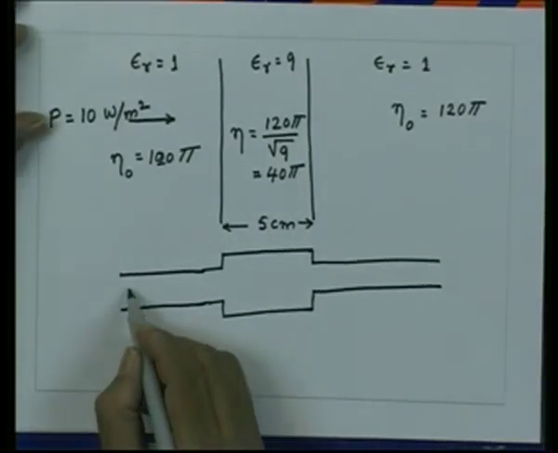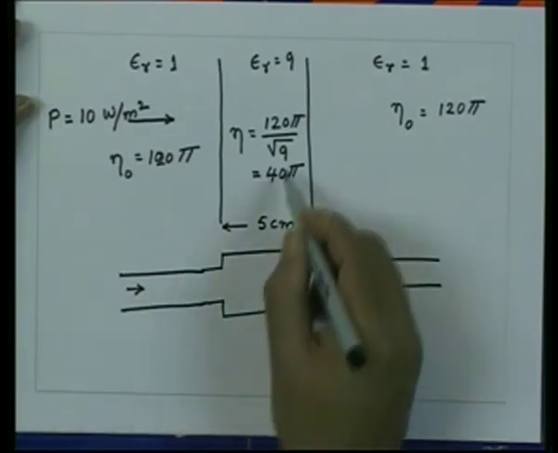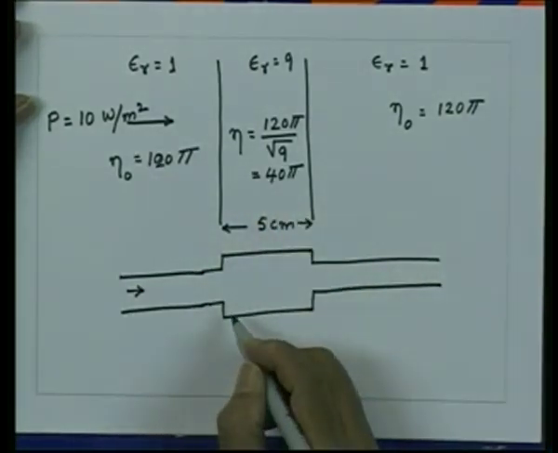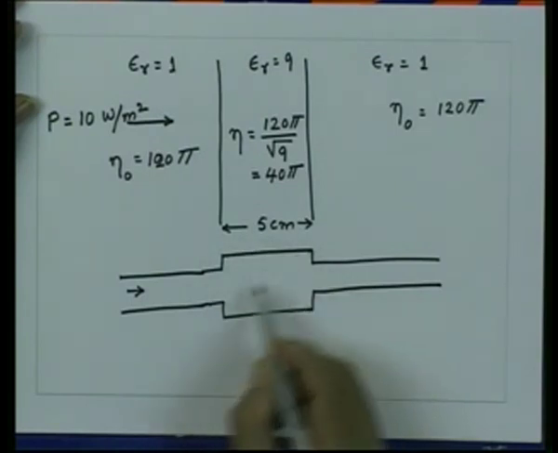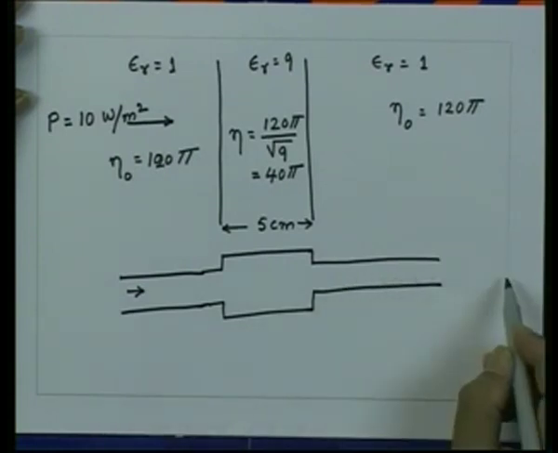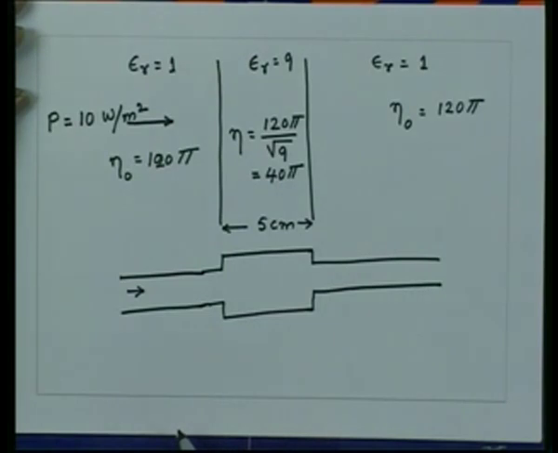So, now the wave is incident from this side. You have a section here with a characteristic impedance of 40 pi, and the length of this transmission line is 5 centimeter. Since this lies in an infinite medium, it will see an impedance equal to the characteristic impedance of this.